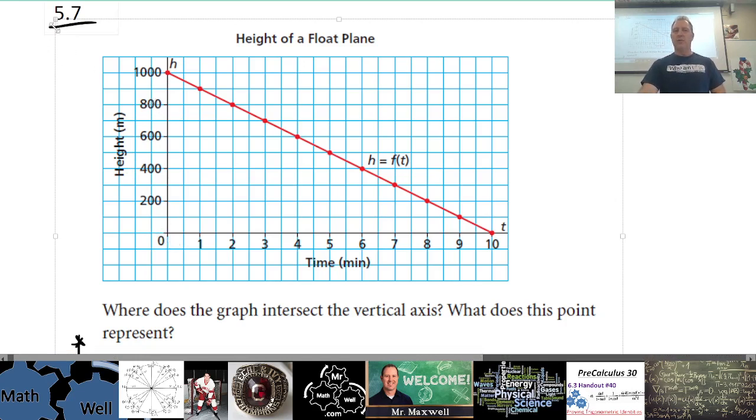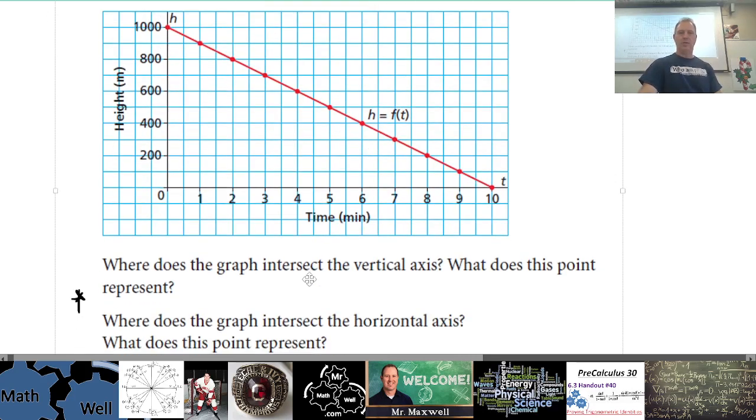We don't know if the plane's been descending before this. This is just the time where we start recording the information. So this is the height of the plane at time 0. If the question does say, you know, at the moment the plane begins to land, that's where this starts, then you can say at the start of its descent. But at least at time 0, when we begin measuring this information. Okay, so the height of the plane when we start the timer, right? Start the timer. Okay, awesome.